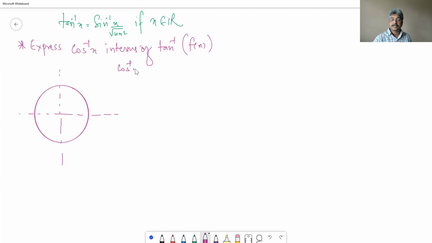Cos inverse x is equal to theta when 0 is less than equal to x is less than equal to 1. Therefore 0 less than equal to theta less than equal to pi/2. And therefore we need to just find out the main function.